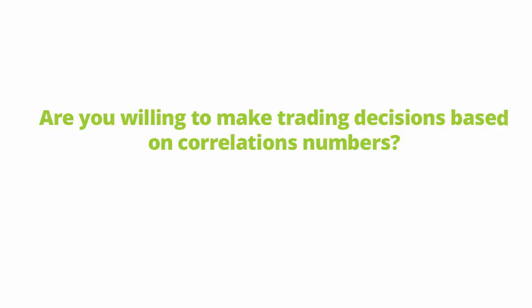Yet, some traders use correlation data published by brokers as part of their decision-making process. They get sucked into the pretty colors and flashy numbers without ever questioning whether they have the capacity to even understand what is going on. Here's a question that I want you to consider. Are you willing to make a trading decision based on something that you don't fully understand?